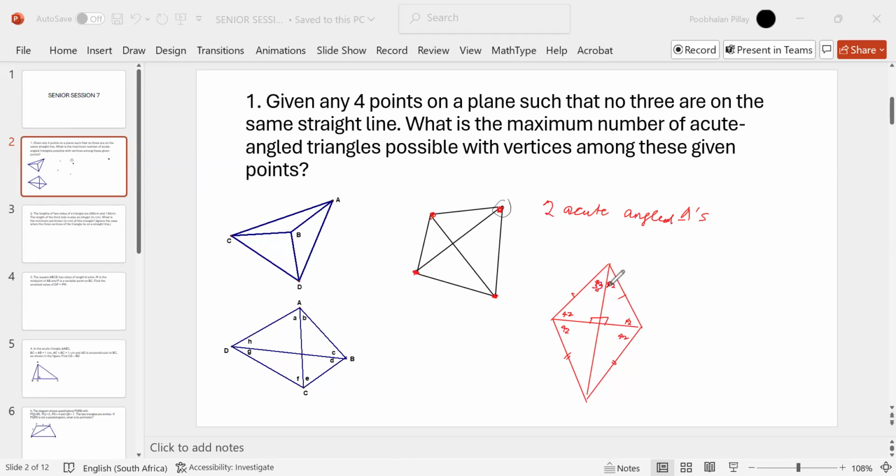I think it's 58 and 42. I'm sorry, I must apologize. I can't remember exactly what it is, but you can actually construct this. I think you can have an 84 and an 84, and these two are equal, and they add up to 168. So the other ones will add up to 92. So these two angles will add up to 92.